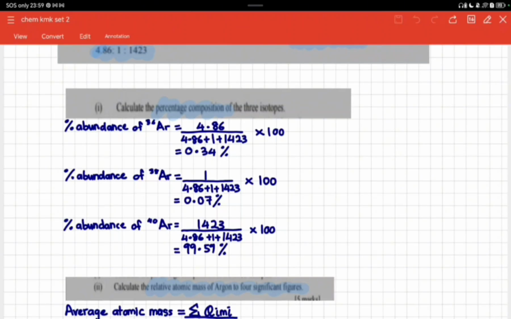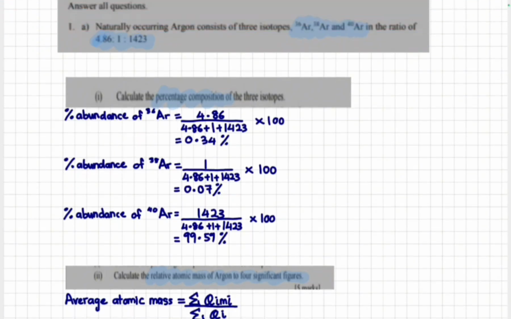We need to use the relative abundance of argon-36, which is 4.86, divided by the total of relative abundance of the 3 isotopes, which is 4.86 plus 1 plus 1,423. And we need to multiply by 100 to get the percentage. So the answer is 0.34%.